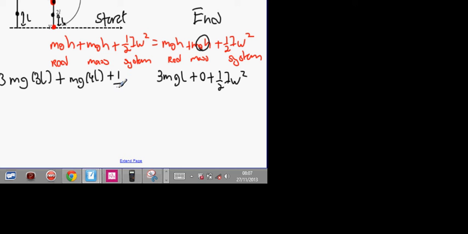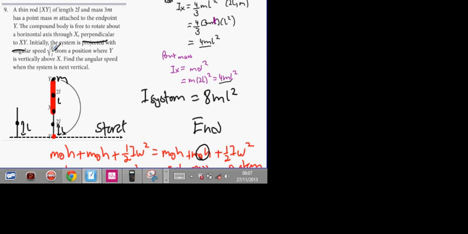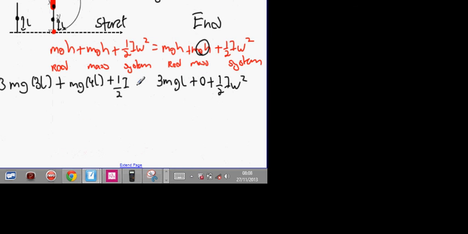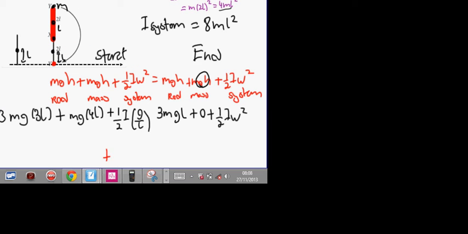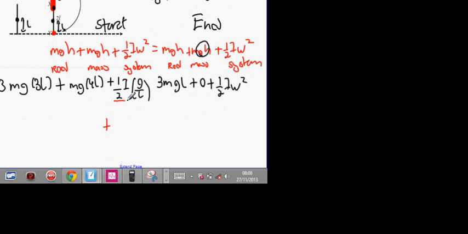So it's going to be a half I omega squared. Omega is root g over L, so omega squared is g over L. Now we need to change this I into 8ml squared, so a half of 8ml squared. What's a half of 8ml squared? 4ml squared times g over L. The L will cancel, so it's just going to count as 4mgl.